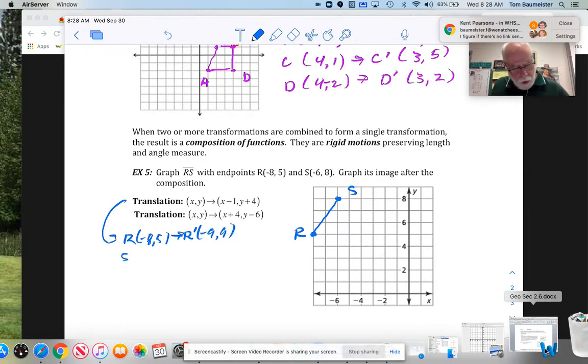Our S would go to negative 6 minus 1, which would be negative 7. And then 8 plus 4 would be 12.